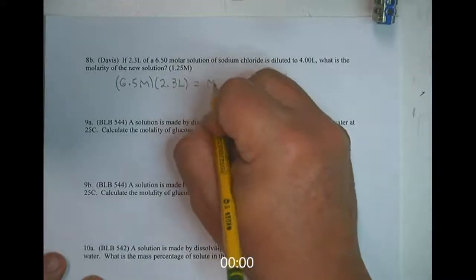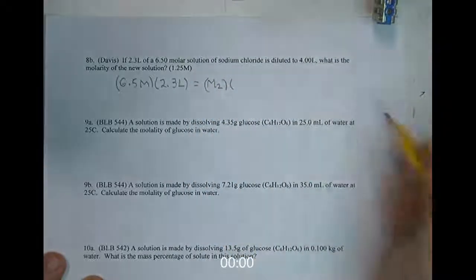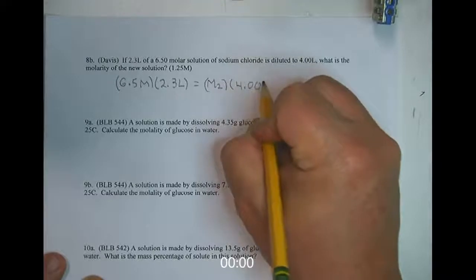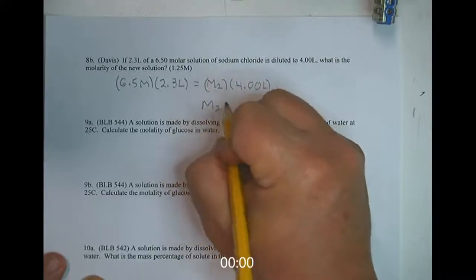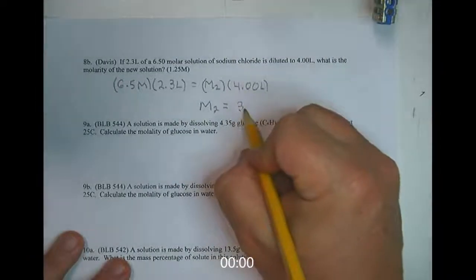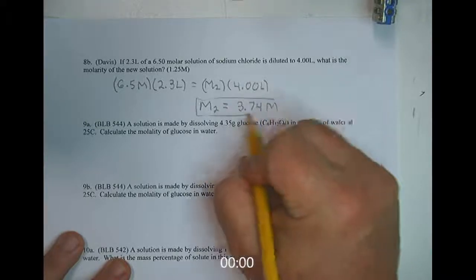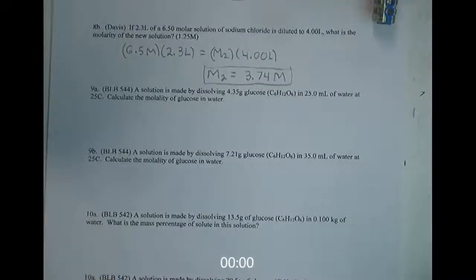The second molarity after the dilution, and dilution means you're adding water to it, is 4.0 liters. And if you just do the simple algebra on that, you get that the molarity after is 3.74 molar. Okay, good, let's keep going.